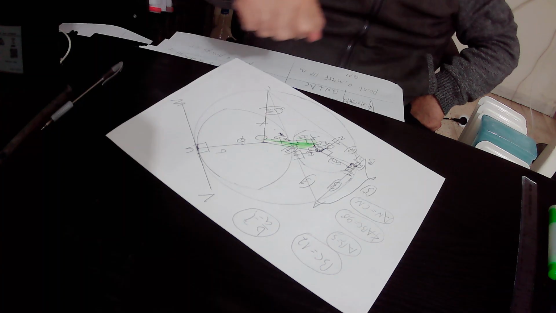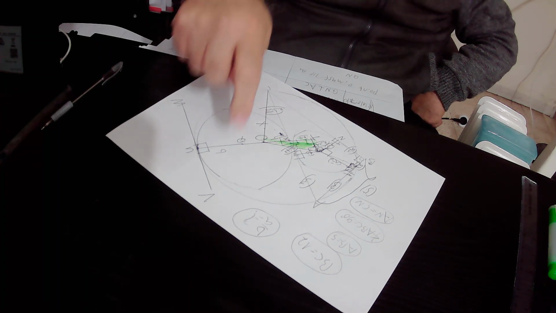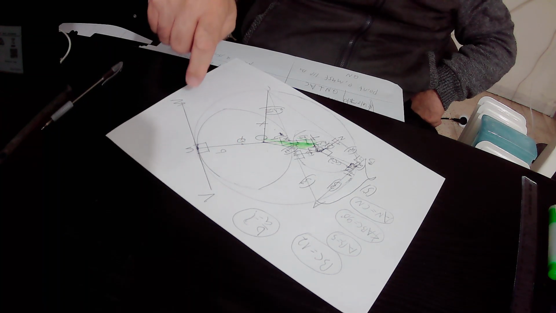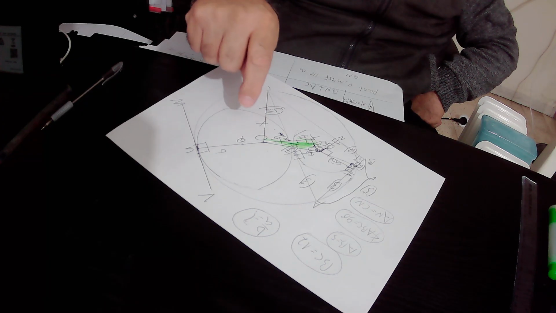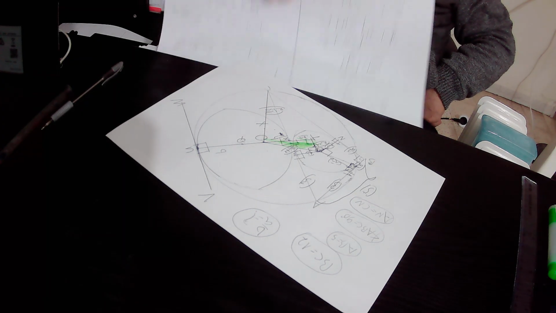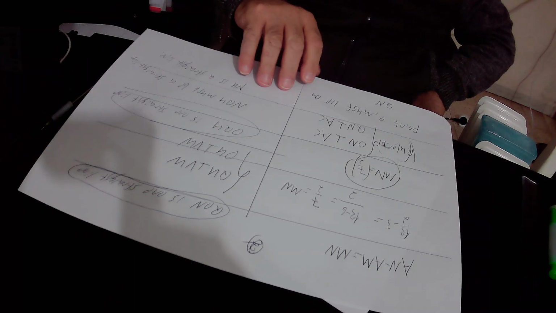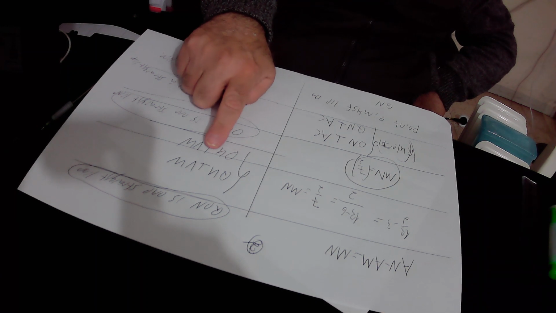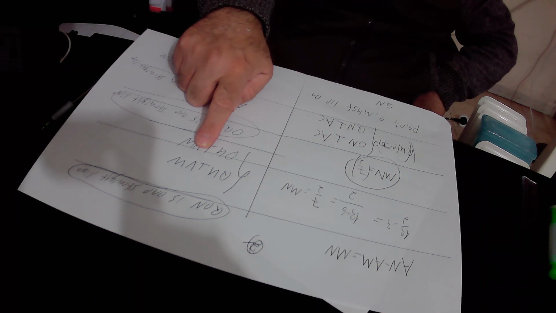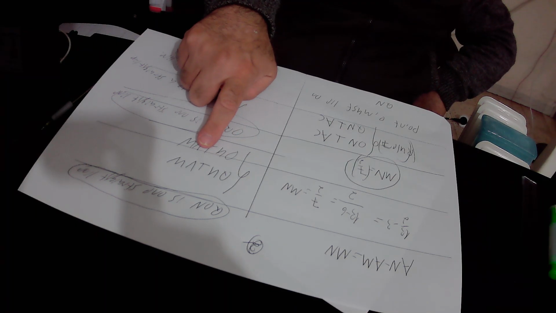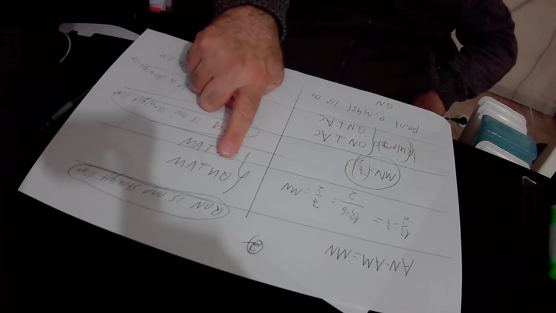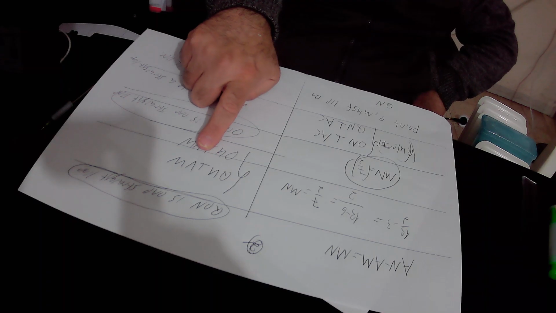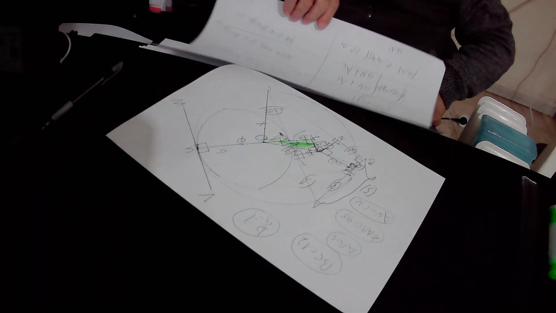Whenever you have a radius that is drawn to the point of tangency, then tangent VW will be perpendicular to the radius UQ. Okay, so you can write here that the radius QU is perpendicular to tangent VW.